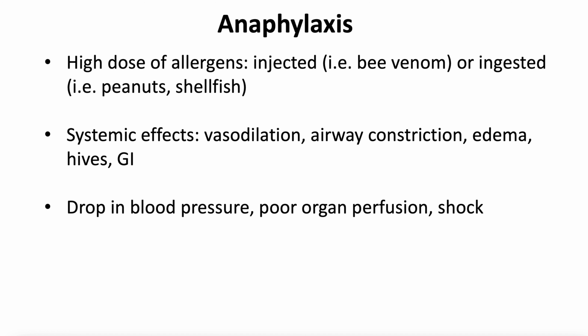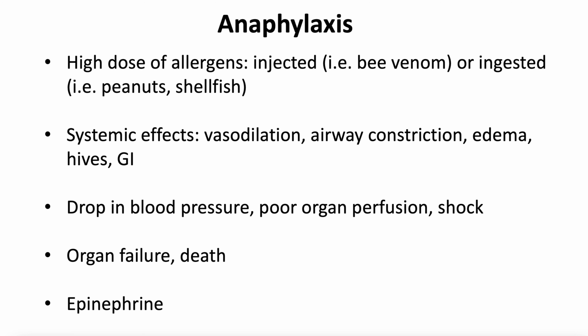This in turn can lead to a drop in blood pressure and poor organ perfusion and the onset of shock. And eventually, if untreated, can lead to organ failure and death. The nice thing about anaphylaxis is we do have an effective treatment.